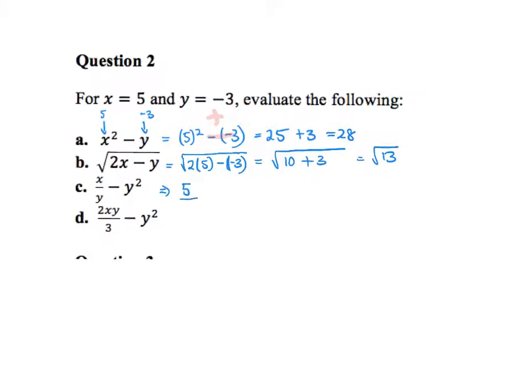For this C, I'm substituting. I've got x is 5, y is -3, minus -3 squared. So we've got to remember that when you square a negative number, it becomes a positive. But because the rule is saying minus, I'll have -9. Now, this is like saying 9 over 1, so now I want to subtract fractions. When you subtract fractions, you need a common denominator. So I'm going to make this one -5 over 3.